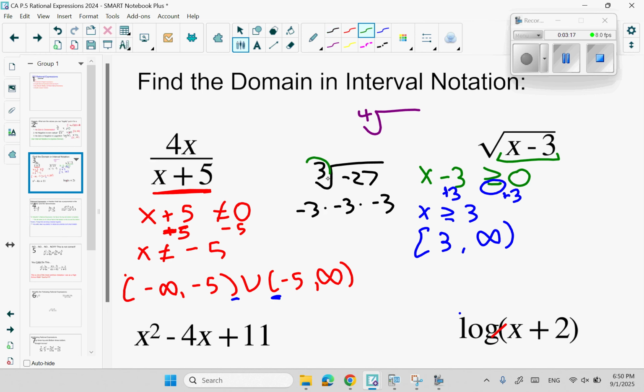Recall that an odd radical just means that's how many numbers it takes to equal this inside value. Well, a negative times a negative times a negative would still be a negative value. There's no possible way for us to multiply 4 or 6 or any even number of negatives to get a negative value. That's why there's that restriction there.